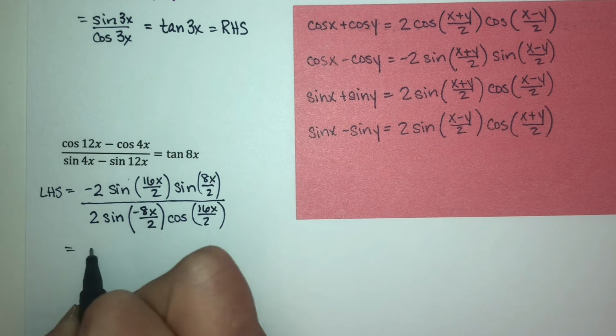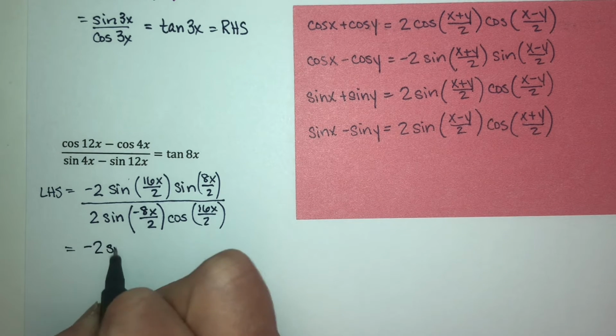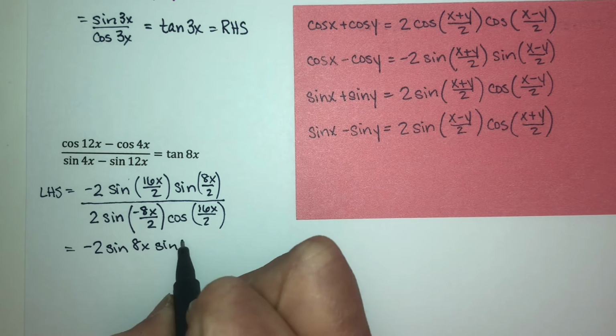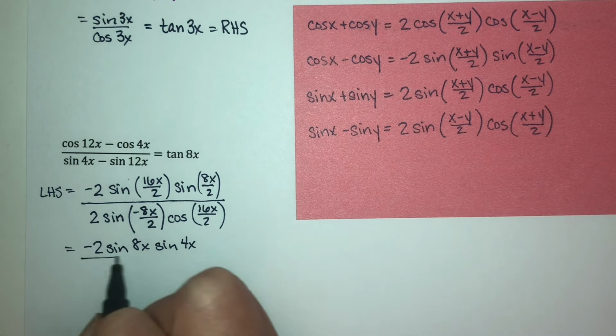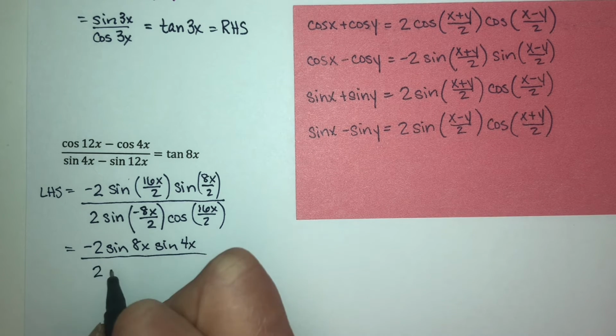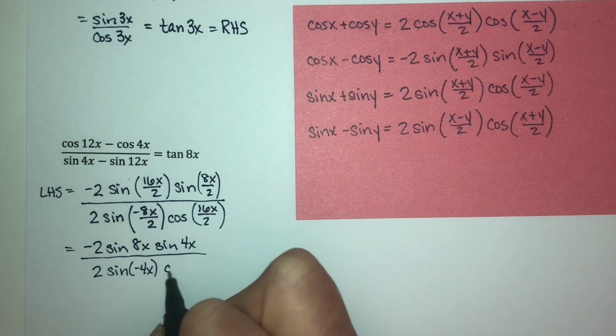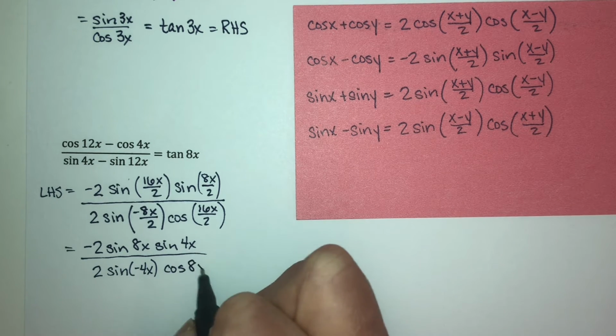Okay, so I have negative 2 sine of 8x sine of 4x over 2 times sine of negative 4x cosine of 8x.